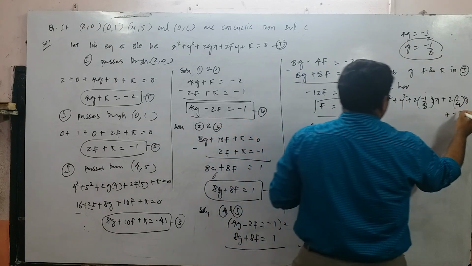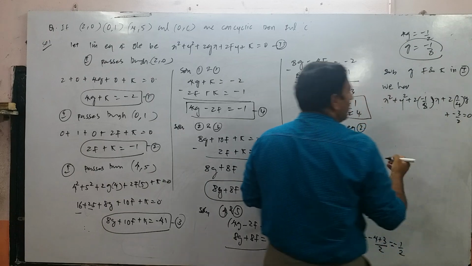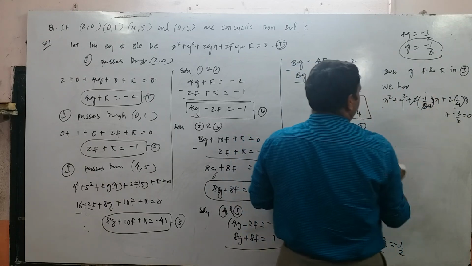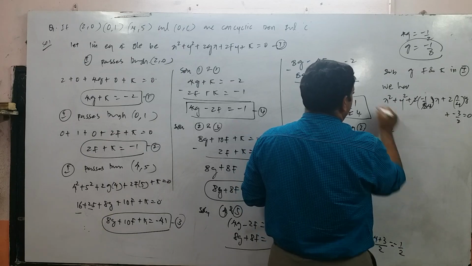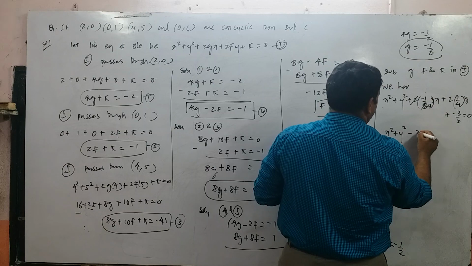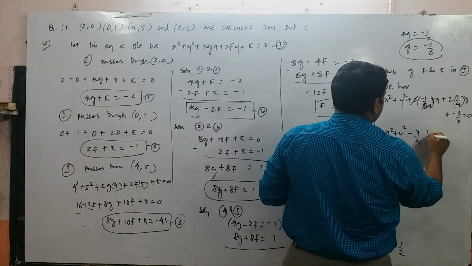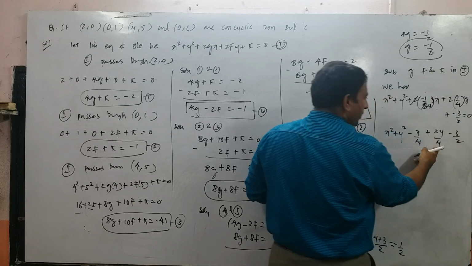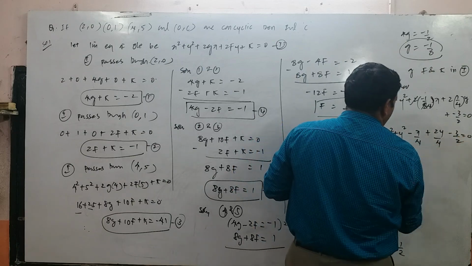Minus 3 by 2, is equal to 0. Now, can you make any cancellations? Of course, 2 1s are 2, 2 4s are 8. So you will get x square plus y square minus x by 4 plus 2y by 4 minus 3 by 2. I can cancel 2 here also, but not required because I am going to take the LCM.